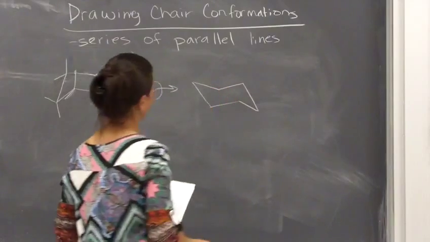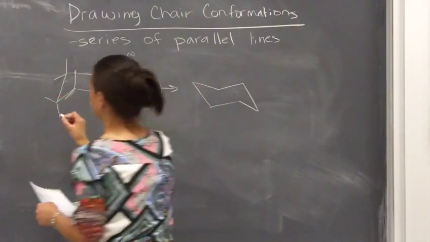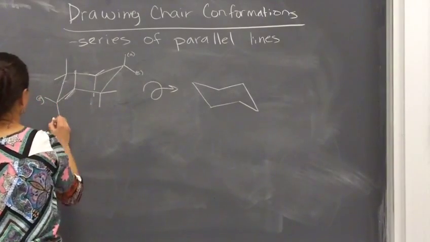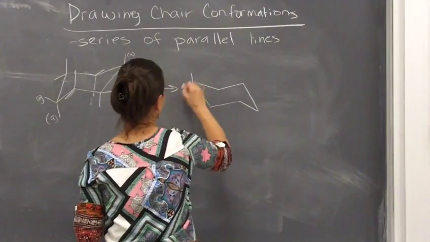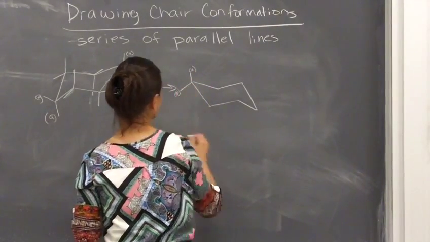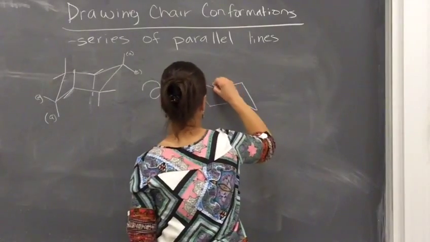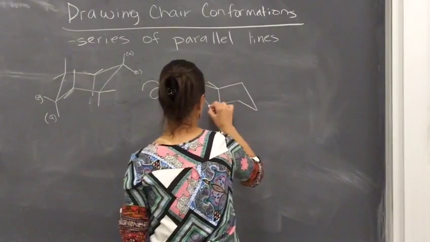So here's our chair going the other direction. This guy was equatorial here. Now he's going to be axial, and the axial is going to be equatorial.